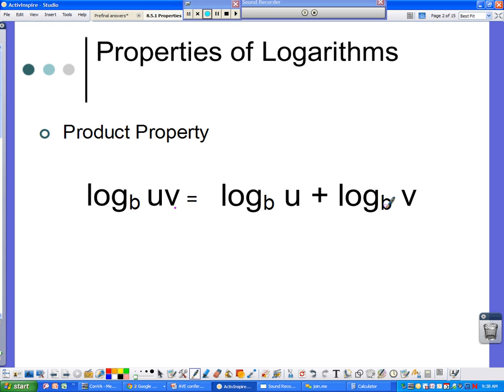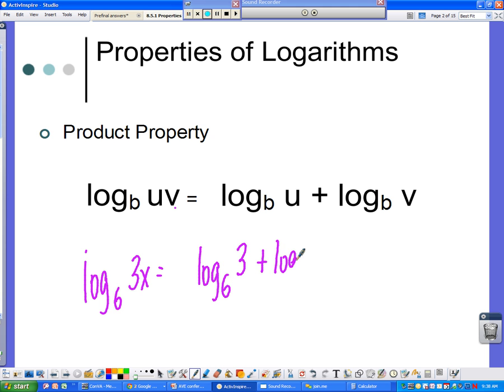Let's look at an example. If I did log base 6 of 3x, it turns into log base 6 of 3 plus log base 6 of x. Basically, you're just going to split this part up, write it as 2 logs, and write it as an addition. Okay?